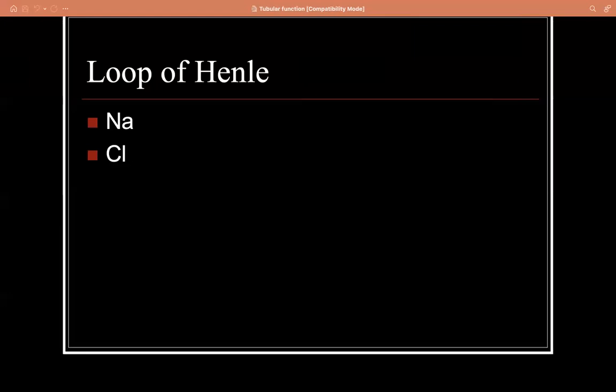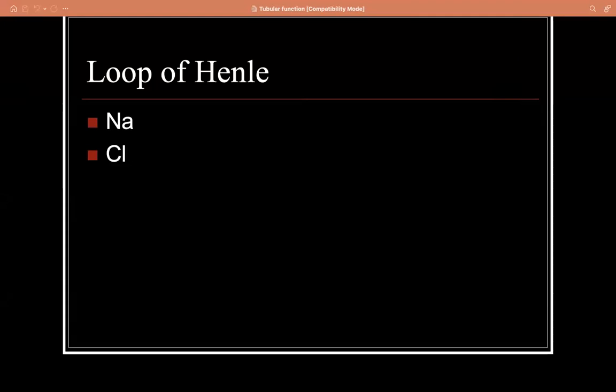We always average it to 300 for quick talking, so that 290 doesn't sound a mouthful. 300 roughly is the osmolarity of plasma, which is the same as the osmolarity within the Bowman's capsule when filtration has taken place. And it's also the same in the proximal convoluted tubule before reabsorption starts taking place.